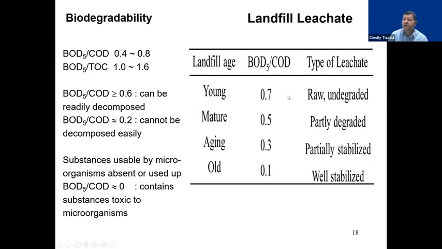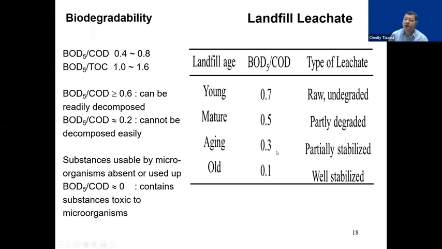Here I give you some examples of BOD over COD for a landfill leachate, which is problematic wastewater in the environment. That ratio, BOD5 over COD, is classified based on the age of the landfill leachate. If it's a new landfill leachate, its BOD5 to COD is 0.7. That means it's biodegradable, and you could use biological treatment to treat it.